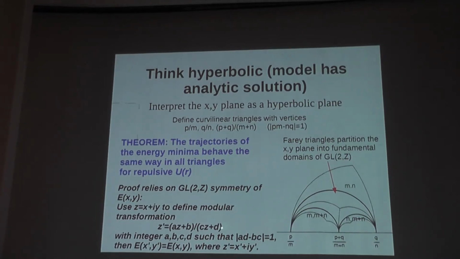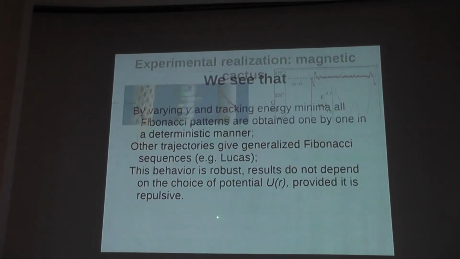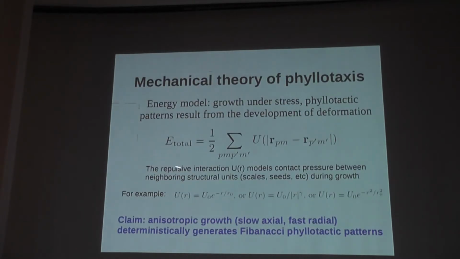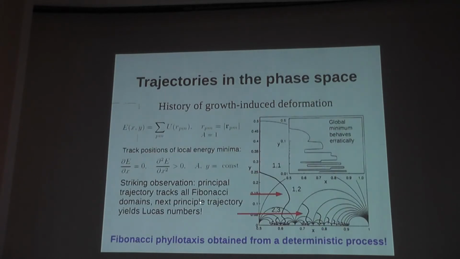Then it turns out that you can construct a set of translations that will be symmetries of our energy. So the energy functional that we introduced somewhere here, it didn't seem to be symmetric.